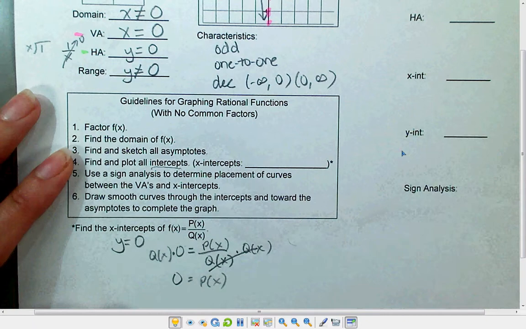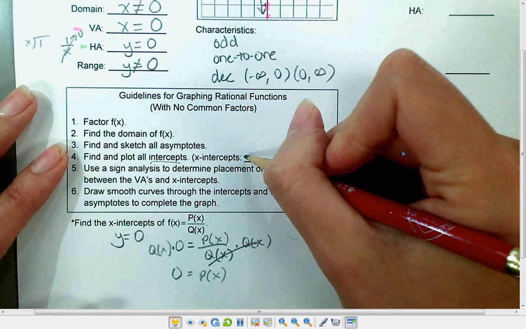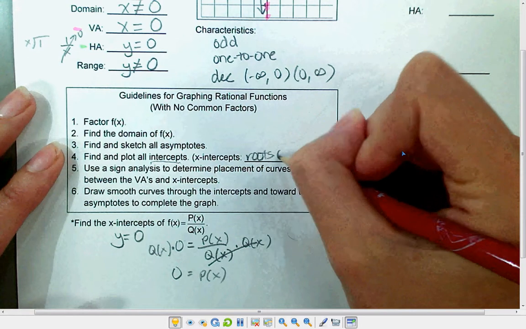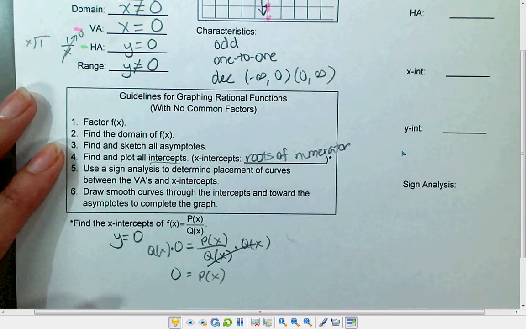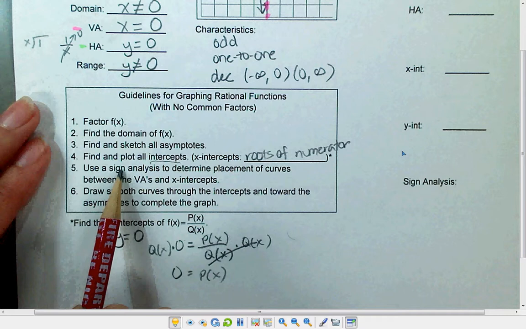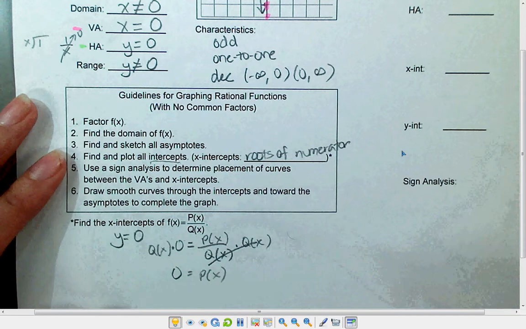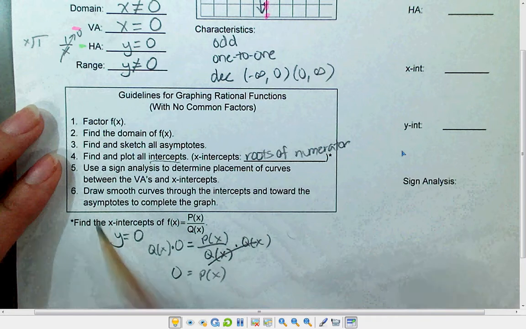It's still 0. So whenever you're looking for the x-intercepts, we're really just looking at the numerator. You only want to find the roots or the zeros of your numerator. And then we're going to use sign analysis, which is just looking at is it positive or negative, to figure out where our lines should go, and connect them all using smooth curves towards each of our asymptotes.